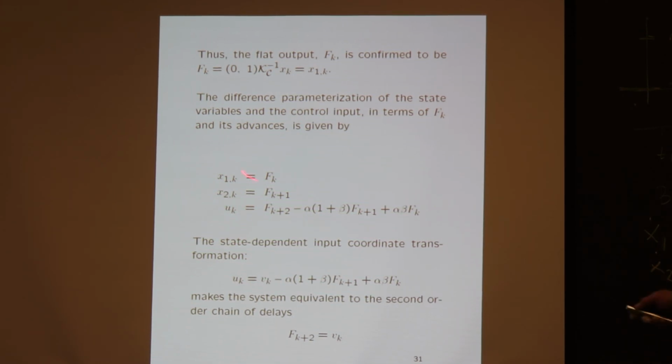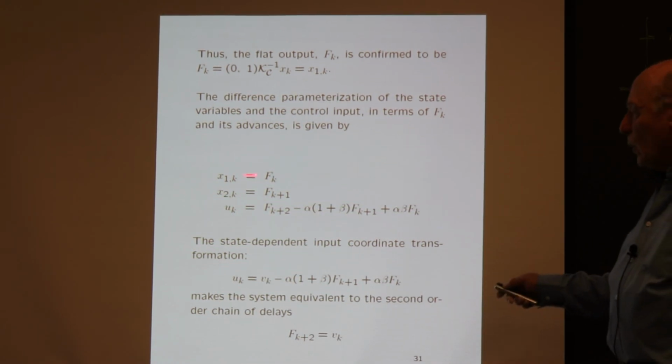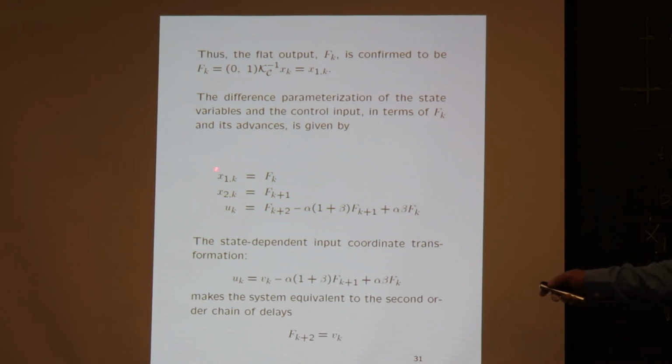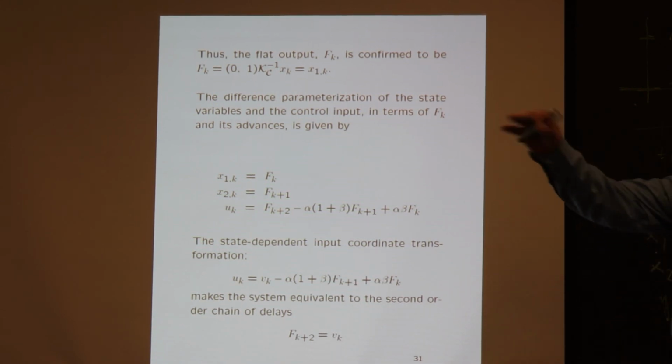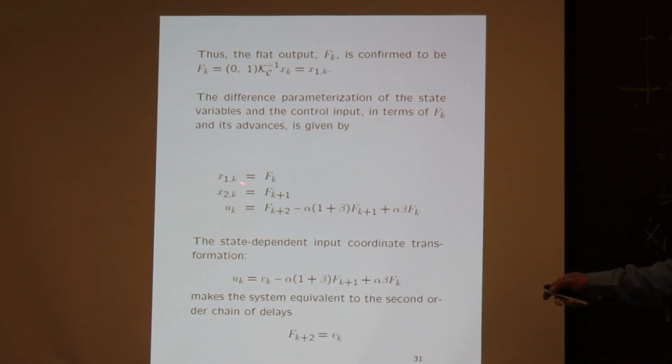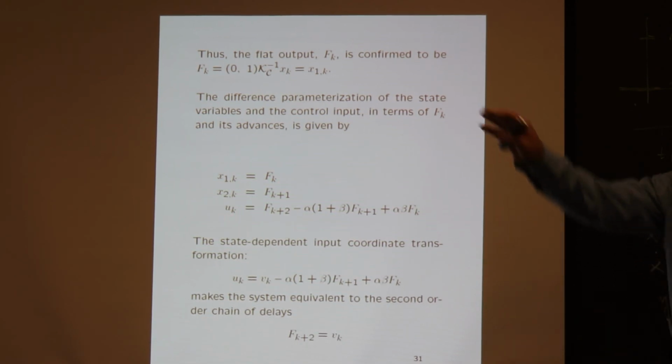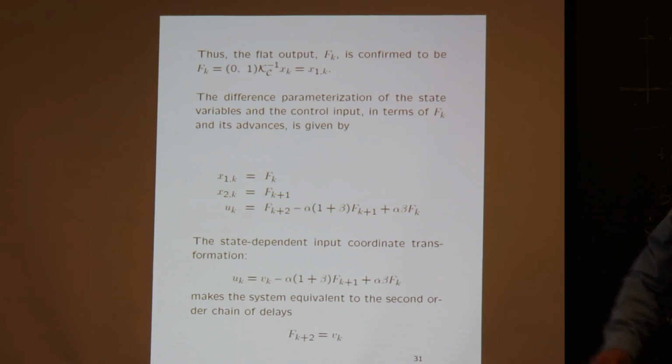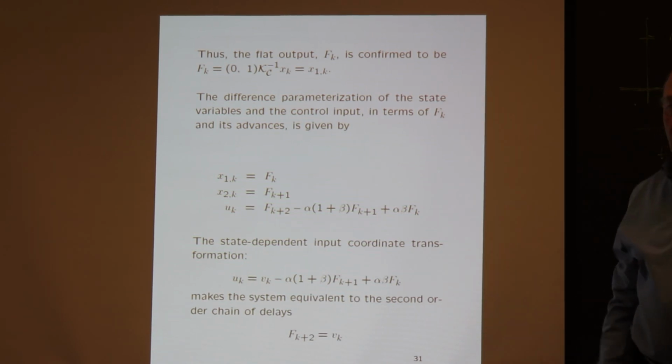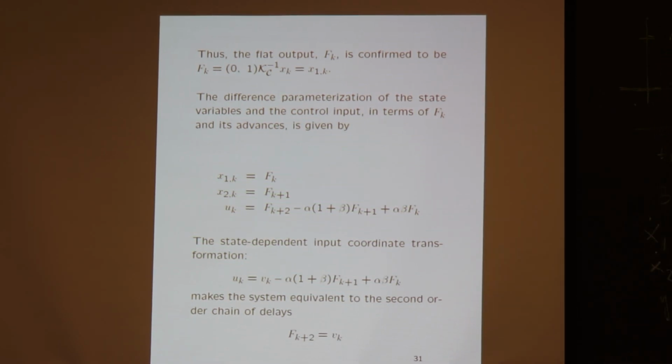So you have a difference parameterization of all the state variables, and if you want to plan for the national income in the next 5 years, these are the relations you should use, and this will give you the necessary government expenditure in the next 5 years. In that planning horizon, that will give you the control input.